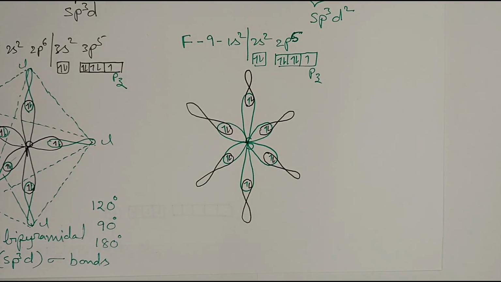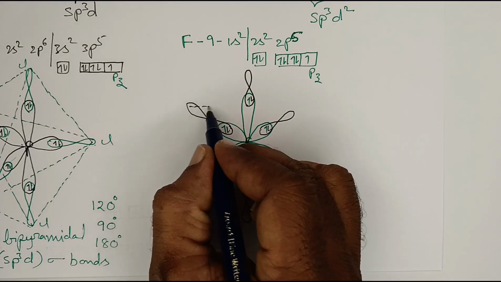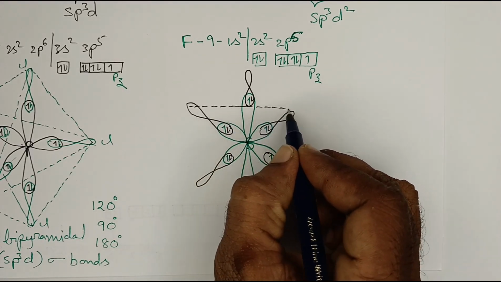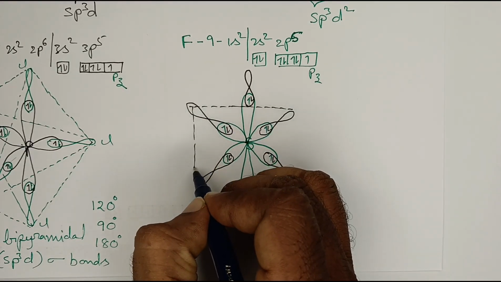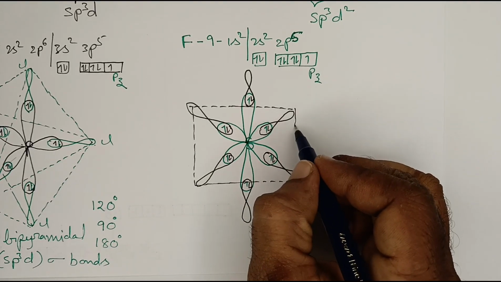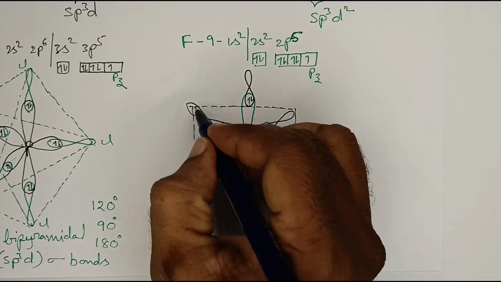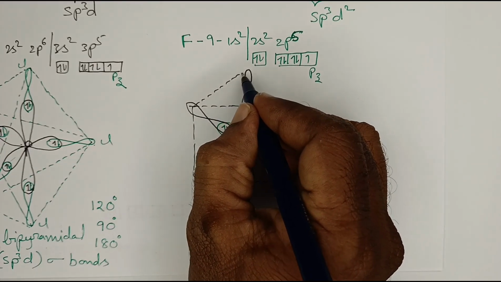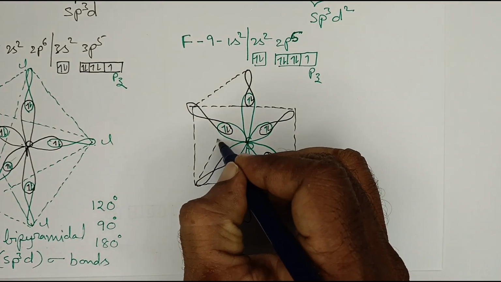So the shape of the molecule will be, this is a square, and from here to here a pyramid will be formed.